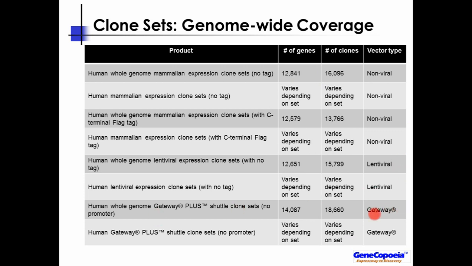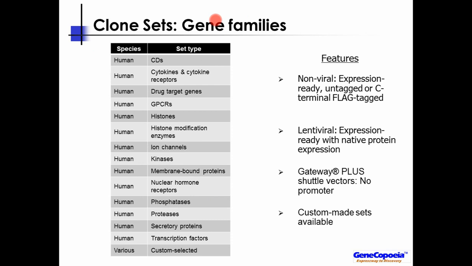We also have a number of gene sets that come in gateway vectors, which I will mention later. We also have clone sets based on gene families. So we already have a number of set design families, such as CDs, cytokine receptors, drug target genes. There's a wide selection to choose from.